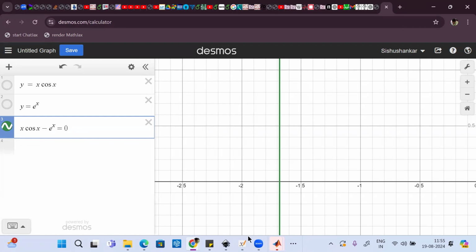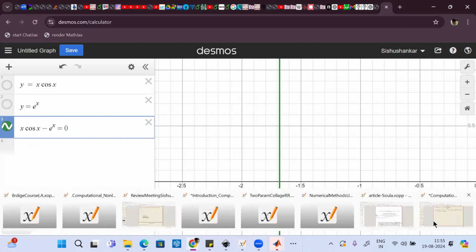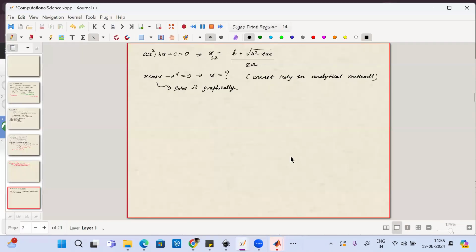This is just one example I showed you where you can solve any kind of equation graphically. What you can do is treat it like f(x) = g(x) and find the common point of intersection.